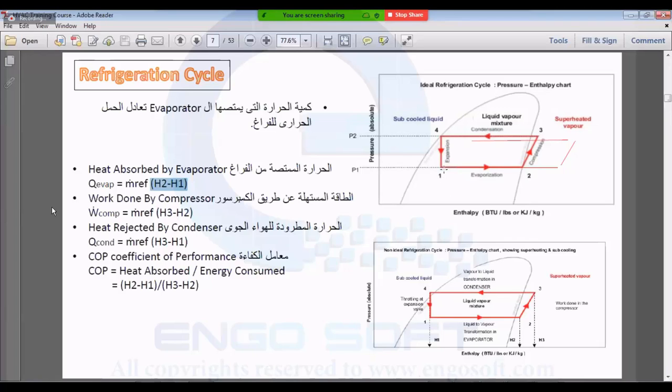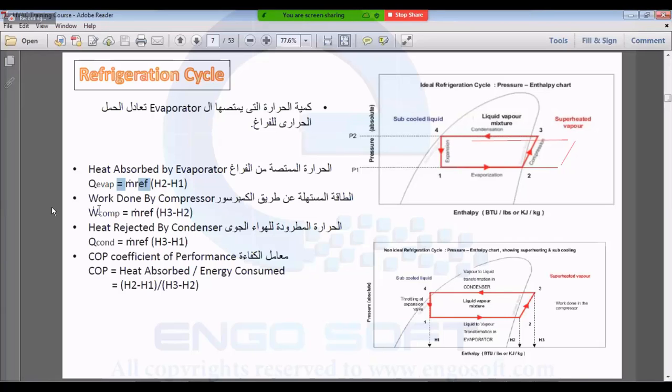At first, before the evaporation, we have state 1. After evaporation of the freon, it reaches state 2. Okay? Yeah, okay. So the amount of Q evaporator is the M dot refrigerant, or the flow rate of the freon, multiplied by H2 minus H1, the difference, like we said.